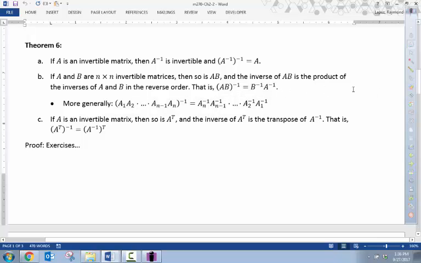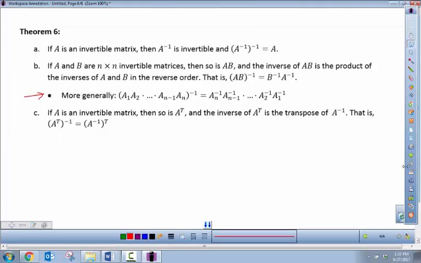Actually, I think we might be able to prove B, the simple version of B. Let's make an attempt at that.